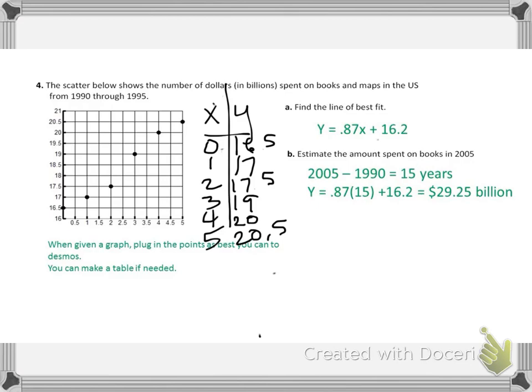So when you put it in Desmos, you get a slope of 0.87 and 16.2 is your y-intercept. They want to know the amount spent on books in 2005. Our first year was 1990, according to what they said above. So that's 15 years. I'm going to plug in 15 just like I did on the previous problems.